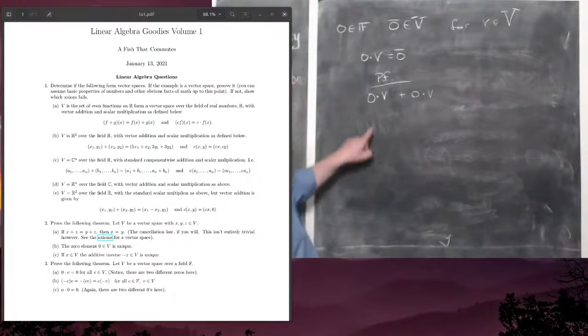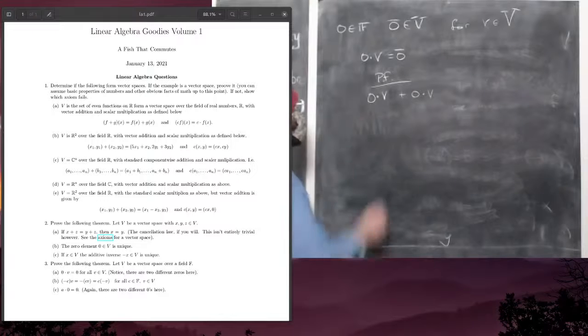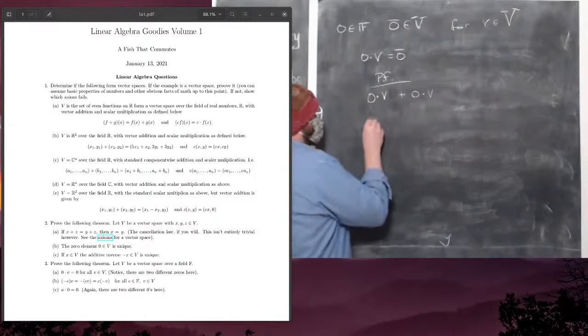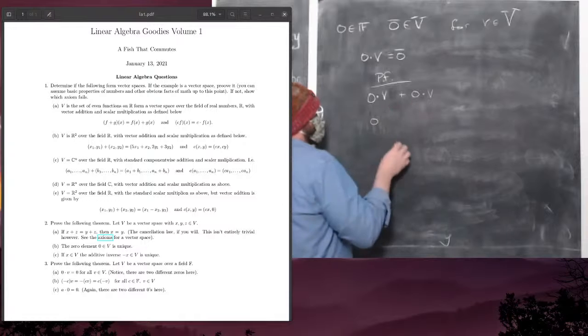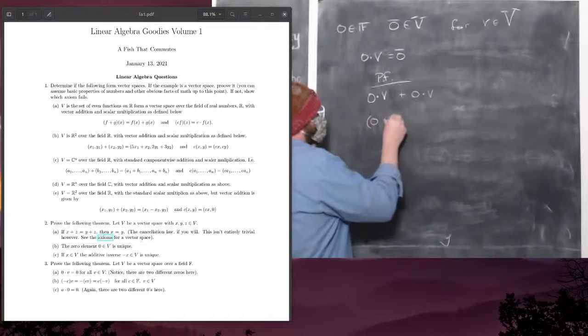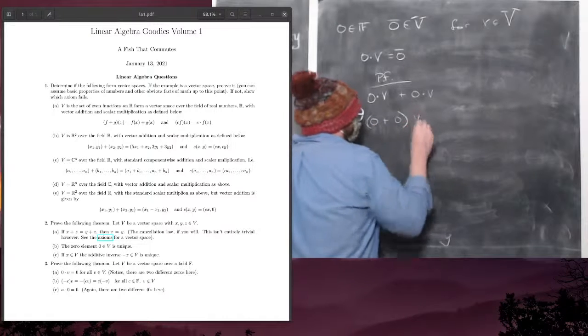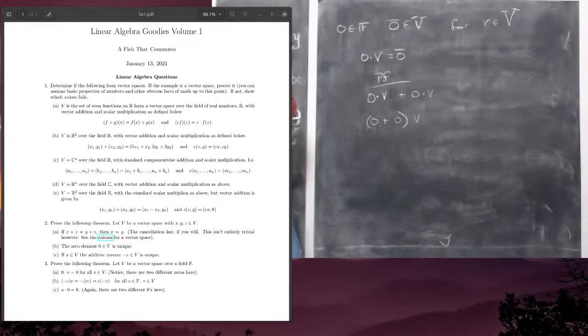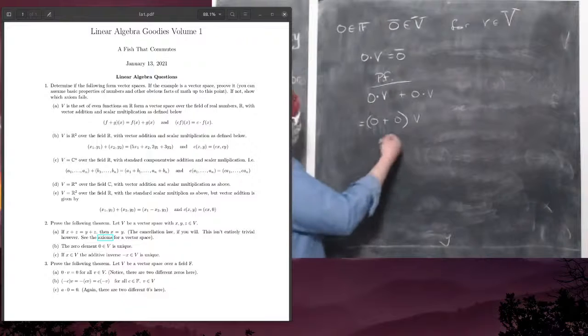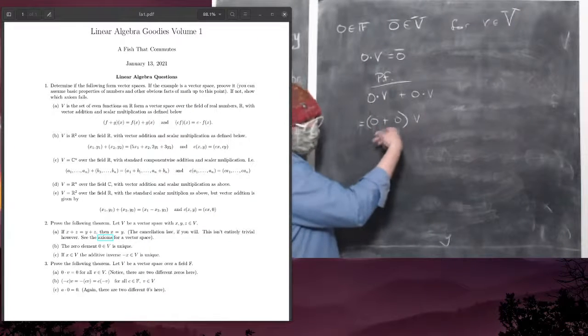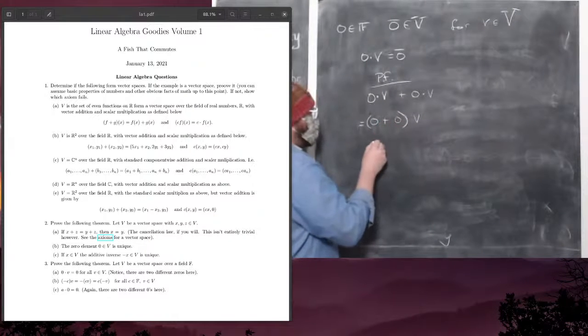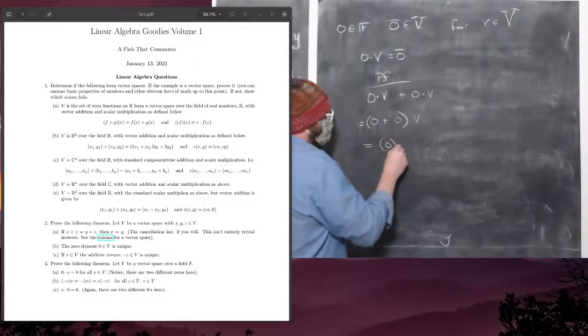By one of the vector space axioms, we can factor out the v. So 0 plus 0 times v. These are 0 in the field, so 0 plus itself is just 0. So this is 0 times v.